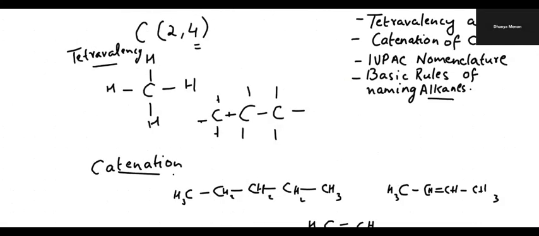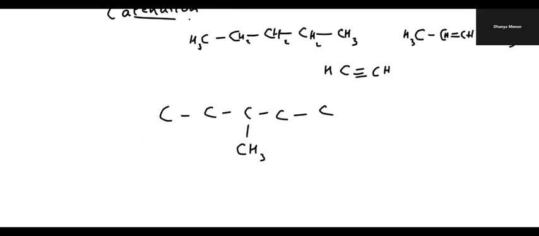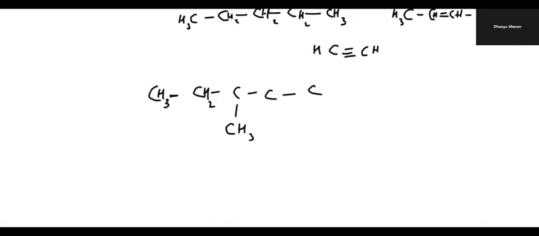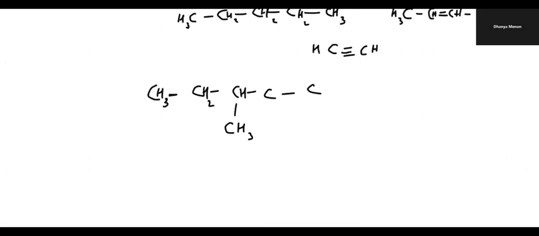For example, here there is one bond, means one valency is satisfied. 3 more are needed, so 3 plus 1, 4. Here 2 valencies are satisfied. It needs 2 more. So accordingly, I'm filling the hydrogen atoms. 1, 2, 3, I need 1 more hydrogen here. Here 2 valencies are satisfied, so I need 2 more. Here 1 valency is satisfied, so it needs 3 more. So 3 plus 1, 4. So here also they are forming a branched chain structure.